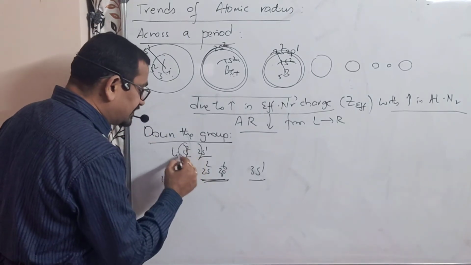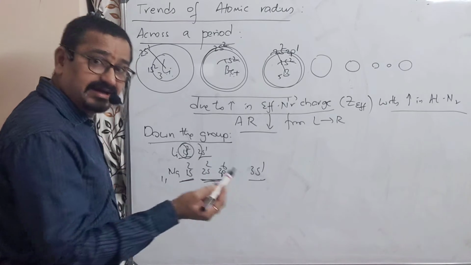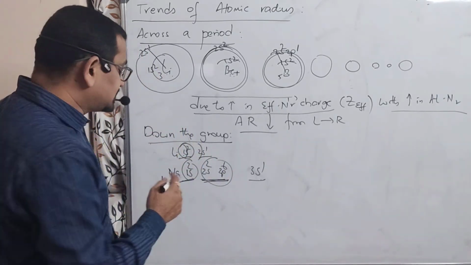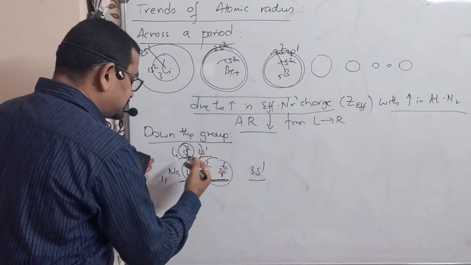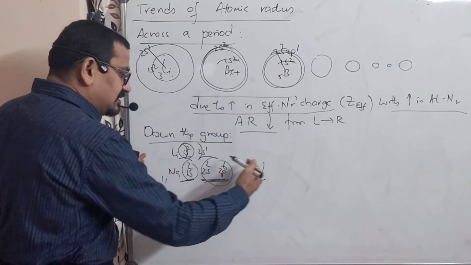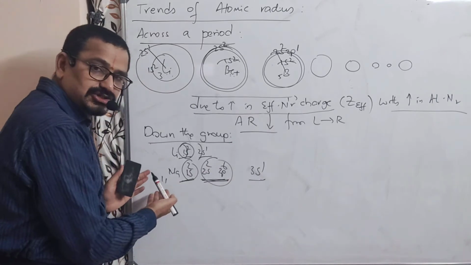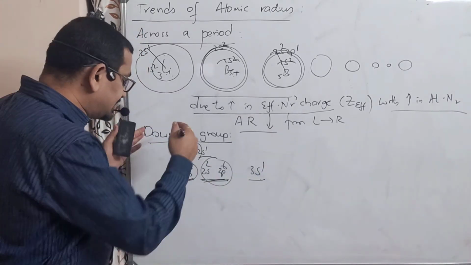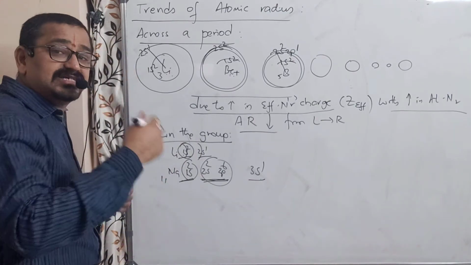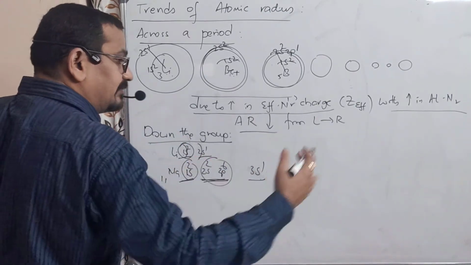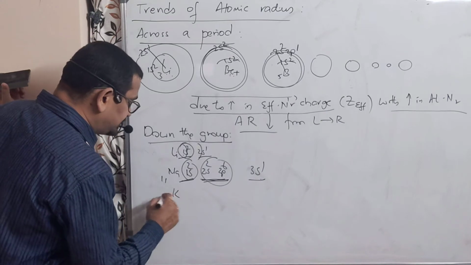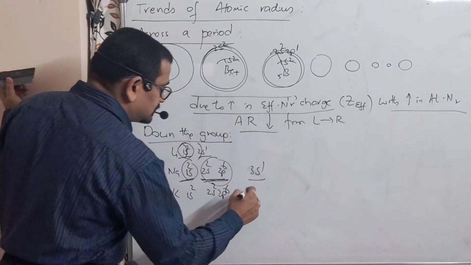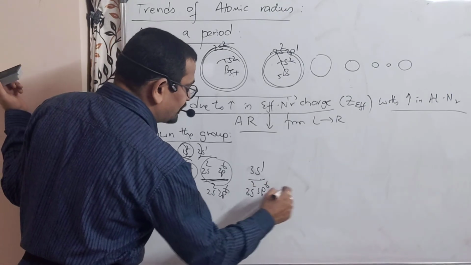Obviously, the shielding effect shown by 10 electrons is greater than the shielding effect shown by 2 electrons. As the shielding effect increases, electrons move to minimize the repulsion. As the electrons are not attracted strongly, the electron cloud will be diffused away. With increase in atomic number down the group, as a new shell is being added, atomic size increases. Potassium 19: 1s2, 2s2, 2p6, 3s2, 3p6, 4s1.